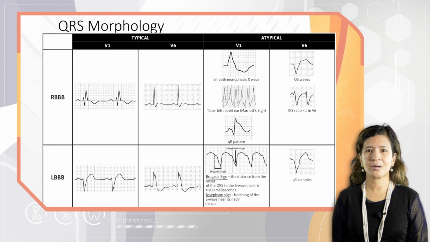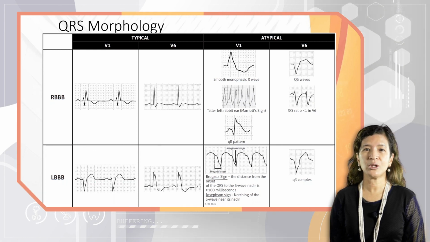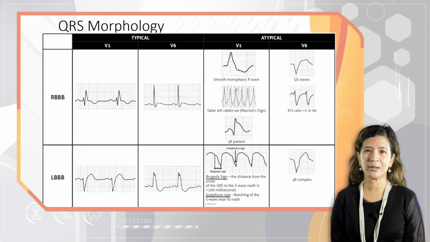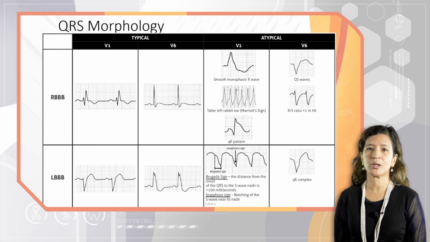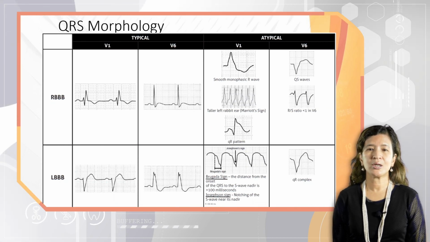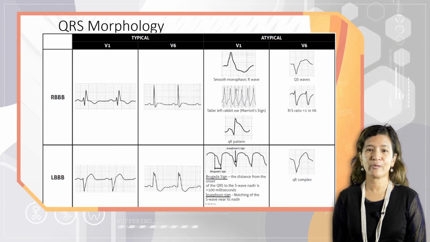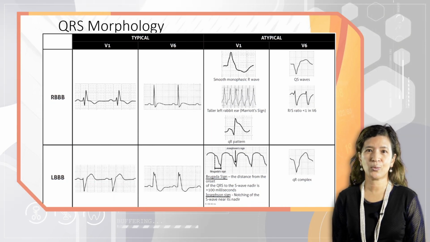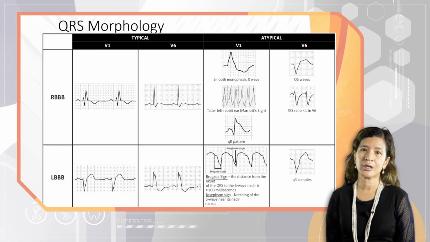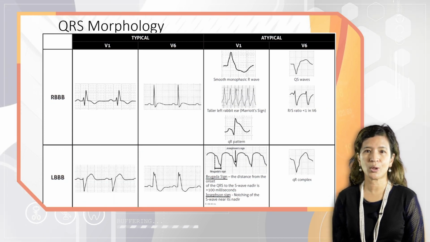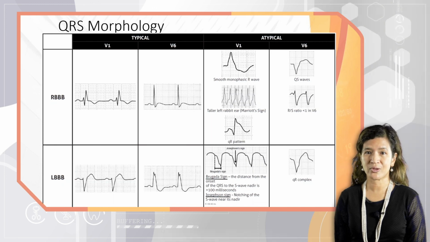So it stands to reason that you need to know what typical right bundle and left bundle branch block look like. So in typical right bundle branch block, you have a rabbit ears morphology in V1, with the second rabbit ear being taller. And in V6, you have small slurred S waves.